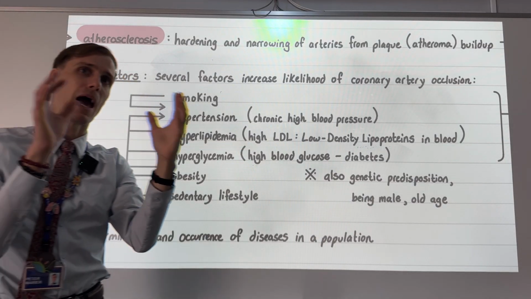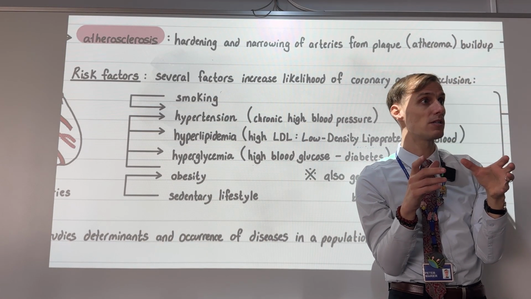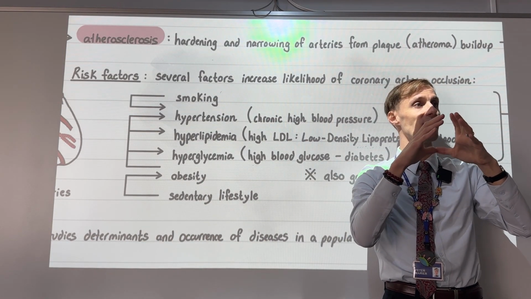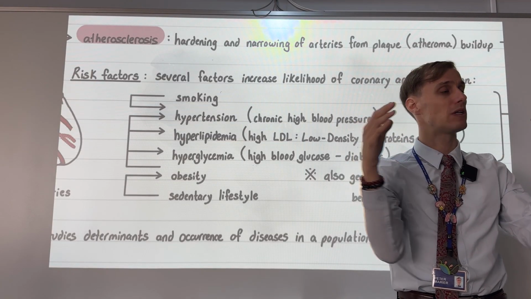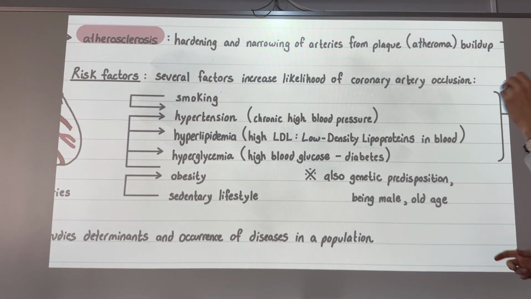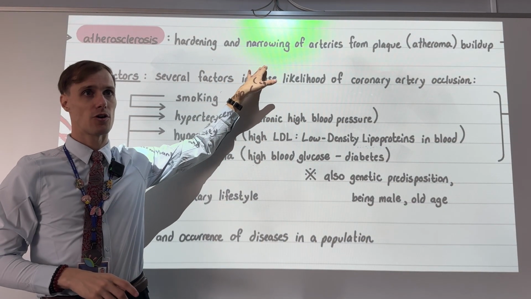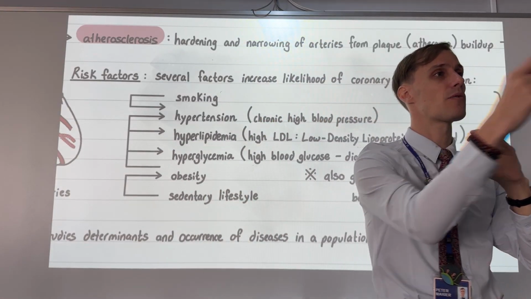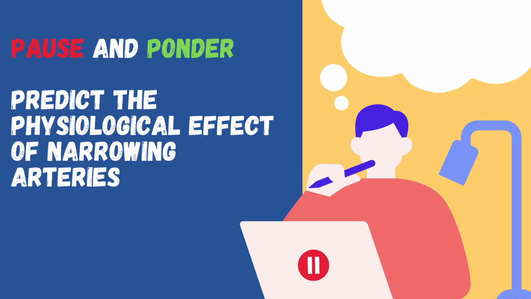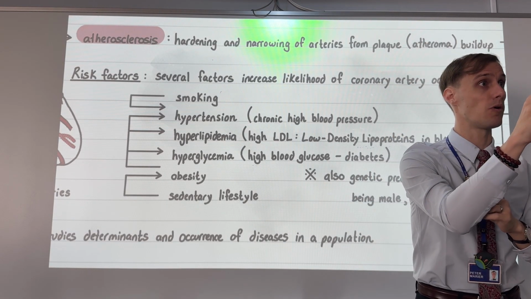Now let's think back to what the adaptations of arteries were. We said that with arteries, we would want them to be very flexible in order to accommodate high pressure changes and to allow for recoil. Now look at this disease, hardening and narrowing of arteries. If I narrow arteries even more, what will that result in? Pressure will go even higher than normal.